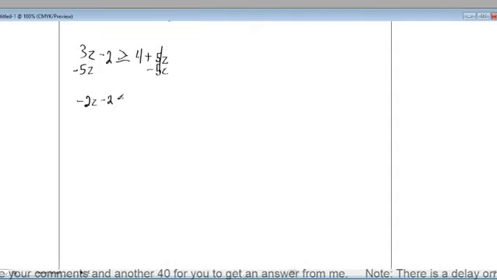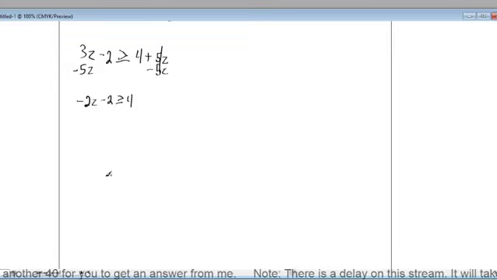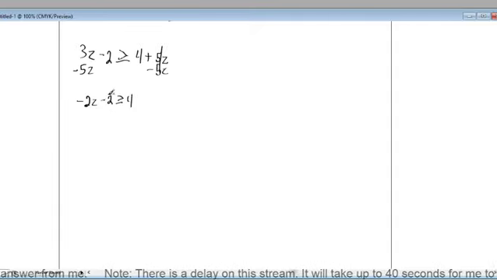Then we have minus 2 is greater than or equal to 4. Alright. So now, we need to get this z by itself, so we need to take this negative 2 to the other side. So plus 2.